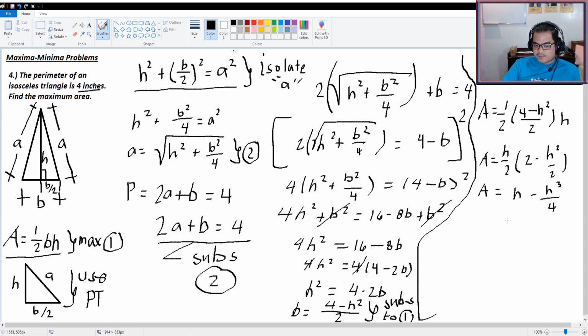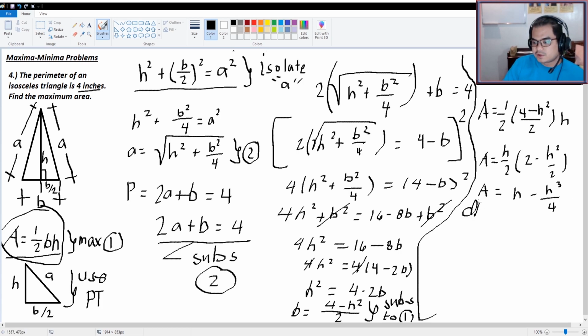Remember that this area must be maximized, therefore you have to perform the derivative. Now you can perform your derivative since you only have one variable. Again, you cannot perform the derivative at first because you have two variables, which are b and h. Now you can perform the derivative because the only variable you have is h.